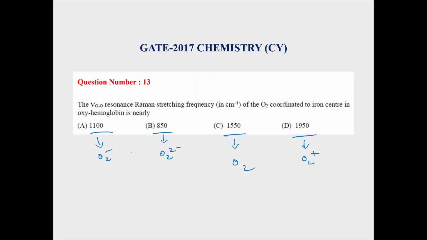Since in the oxyhemoglobin case the O2 molecule is present as O2 minus, that is superoxide, option A will be the correct option for this question. That is, the oxygen-oxygen resonance Raman stretching frequency in centimeter inverse of the dioxygen coordinated to the iron center in oxyhemoglobin is nearly 1100 centimeter inverse.